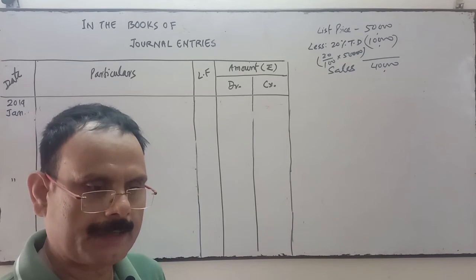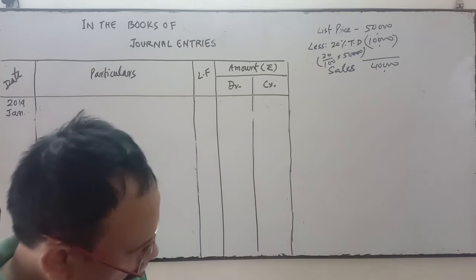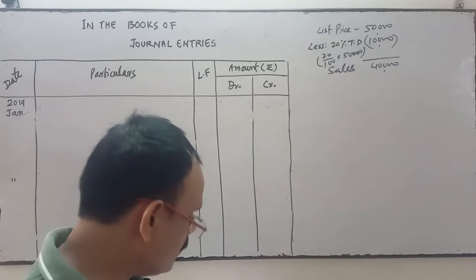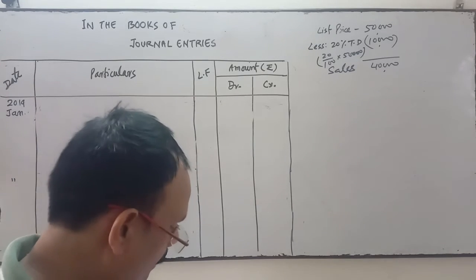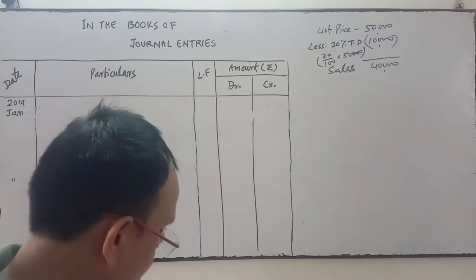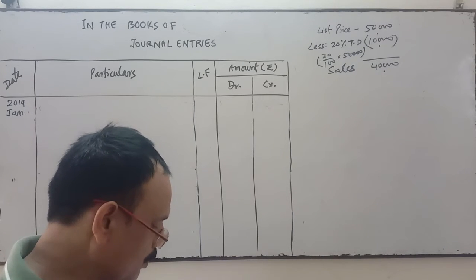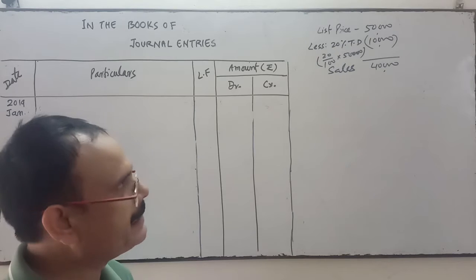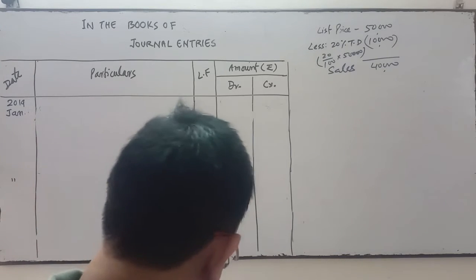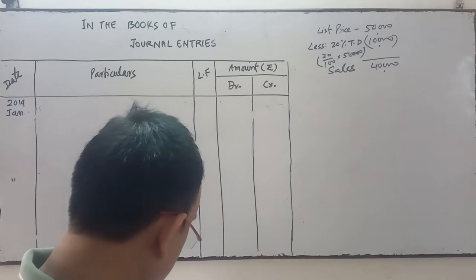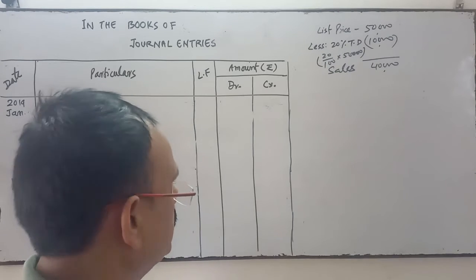The day on which we have received the amount, that entry will be done on that day. So on January 18, no payment has been done. So this will be considered as a credit sale on January 18.